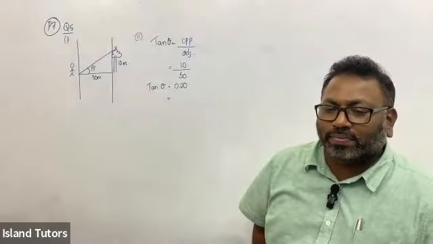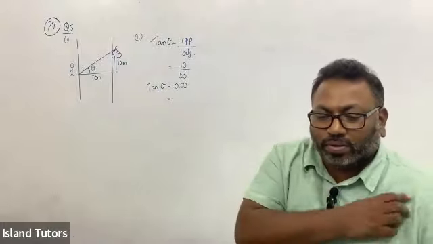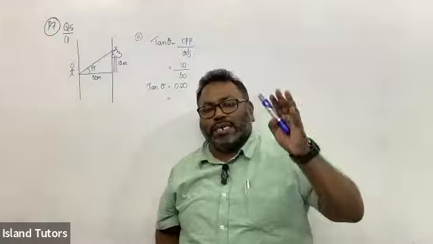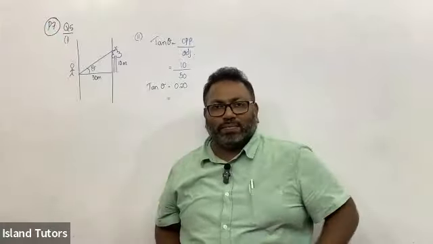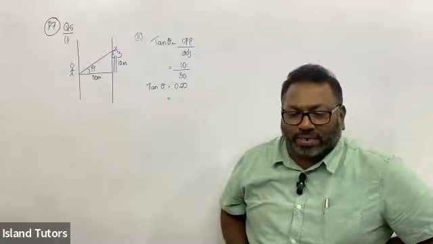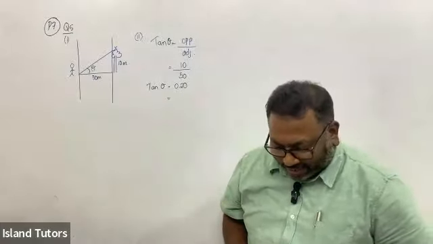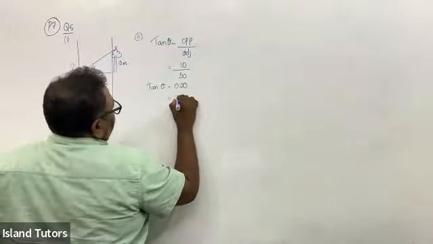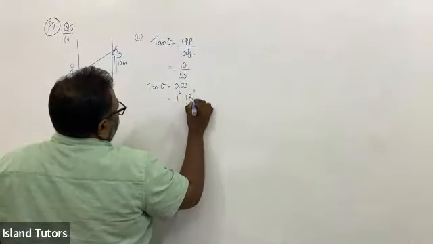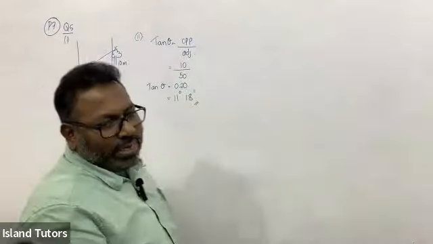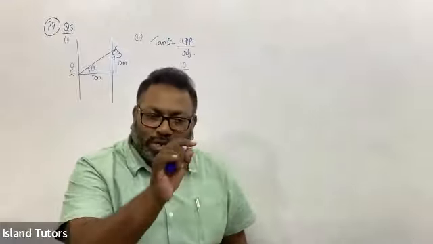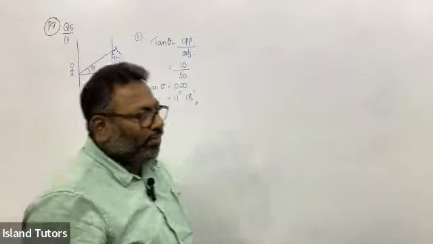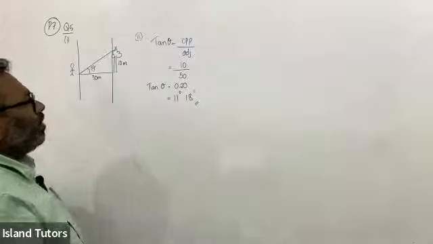I want the angle, so it has to be in degrees and minutes. 11 degrees and 18 minutes. Very good. Take your tan table, look for 0.2, go up and see what angle you are getting. 11 degrees and 18 minutes. Very good. Good answer.